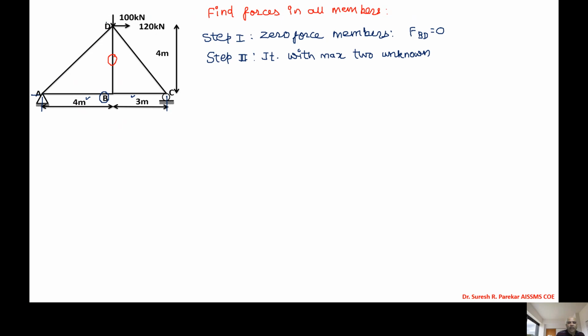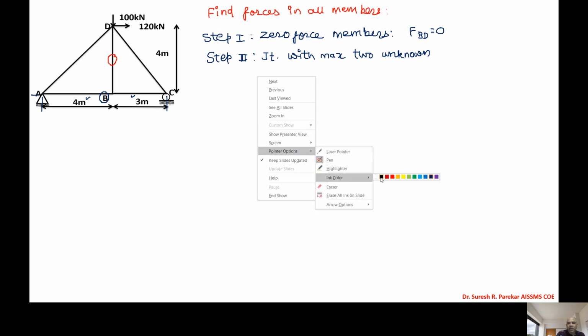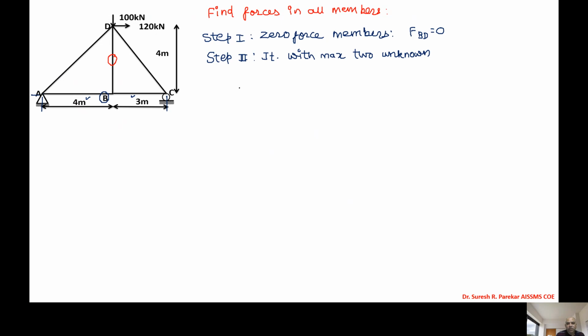So at D we have DA and DC. Now we will consider this joint and solve it to get forces in members. Now we will draw this. We have this force 100 kilonewton, horizontal 120 kilonewton, and this angle that is 45 degrees.